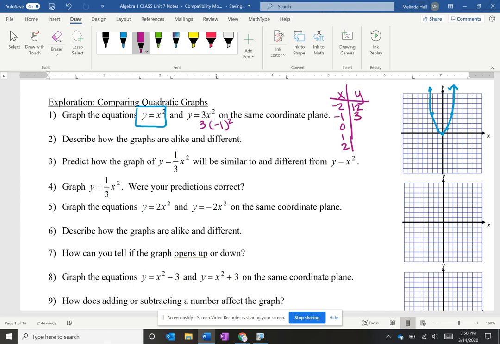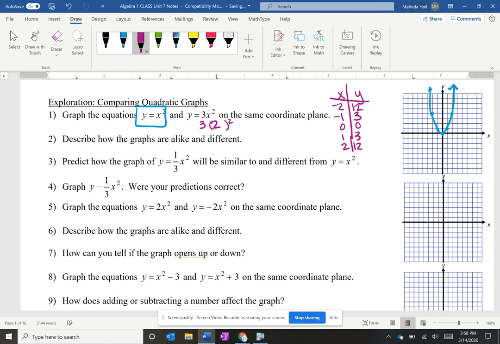If we plug in 0, we would end up with 3 times 0 squared, which would just be 0. Then if I plug in positive 1, that would be 1 squared, which is 1, times 3, which is 3. And then when we plug in positive 2, that would be 3 times 4 again, so that would give us positive 12.